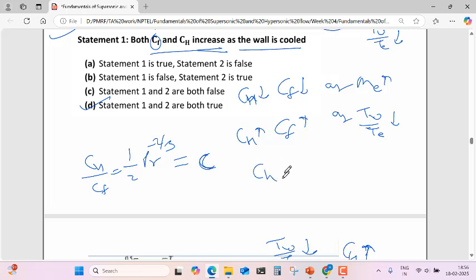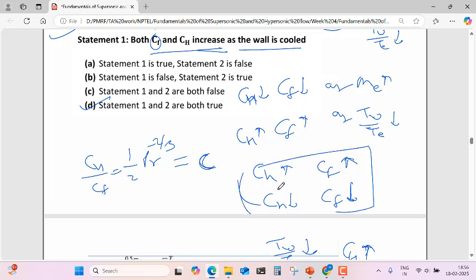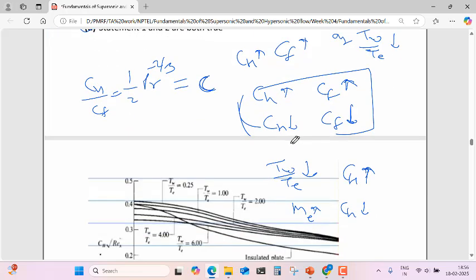So if Ch is increasing, then Cf will also increase, and if Ch is decreasing, then Cf will also decrease. So both show similar trends. I also told that we can use this for compressible flow too, because the change is only about 2% from this value. It is strictly true for incompressible.